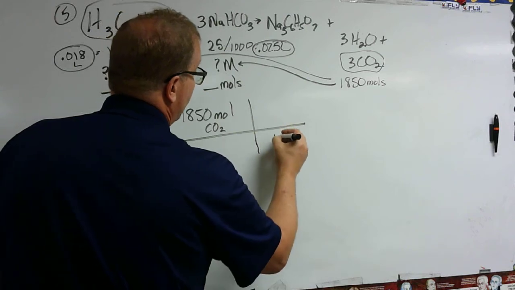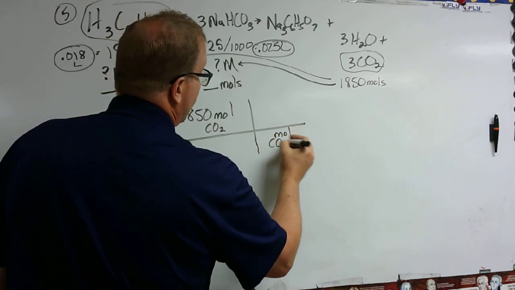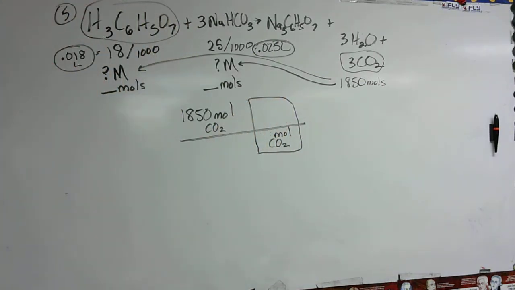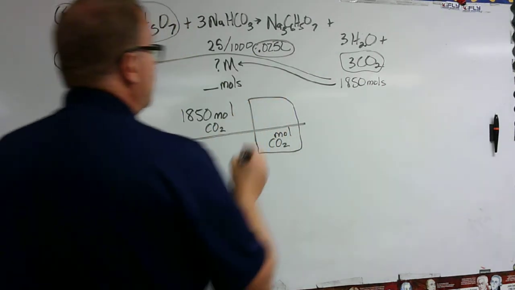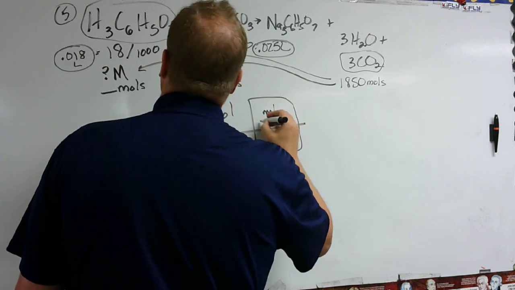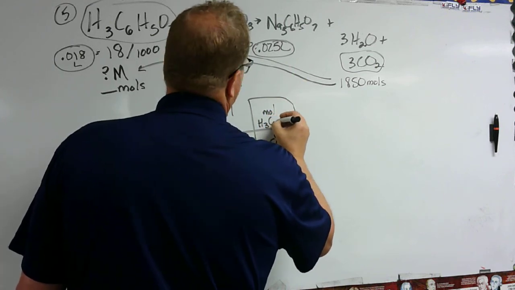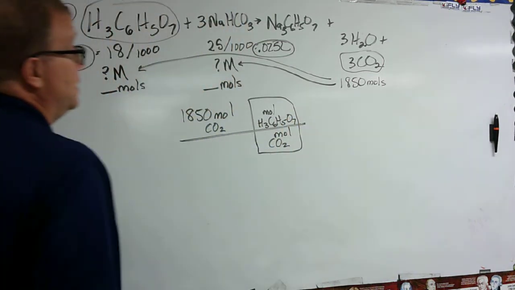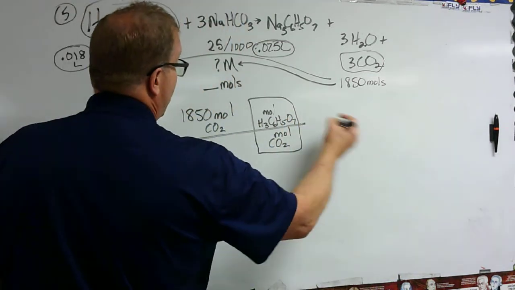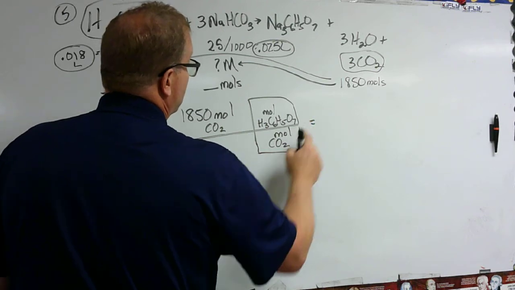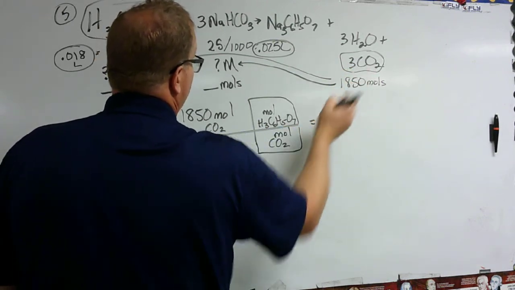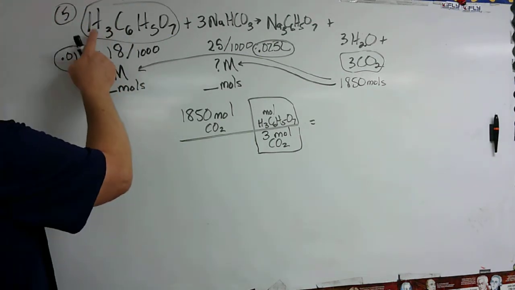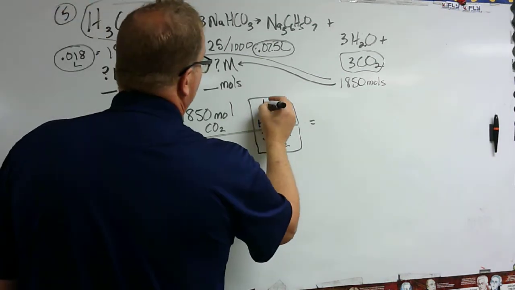So we know we're going to have mole at the bottom following pattern. And we're going to have mole at the top of citric acid. And this is my mole box. So I'm going to have 3 moles of CO2 and 1 mole of this.